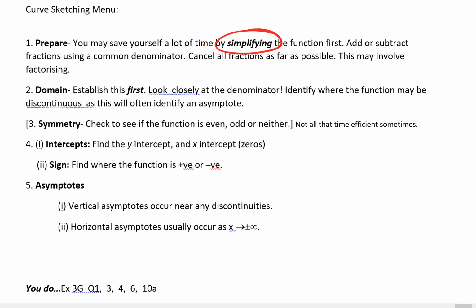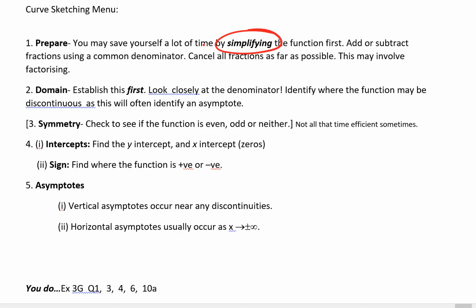So please don't jump straight into tables of values or what you've previously done in order to draw a graph. And if you haven't had a method for approaching sketching graphs, then let this be your method from now on. So simplify if you can.